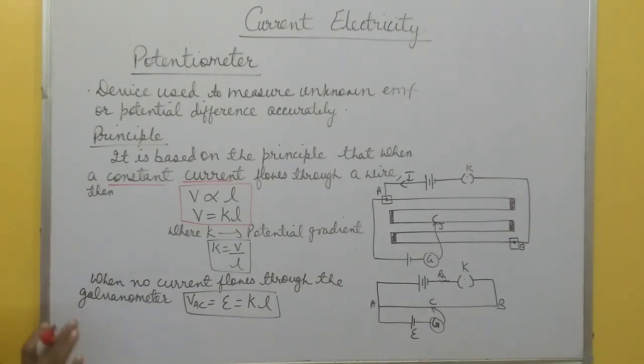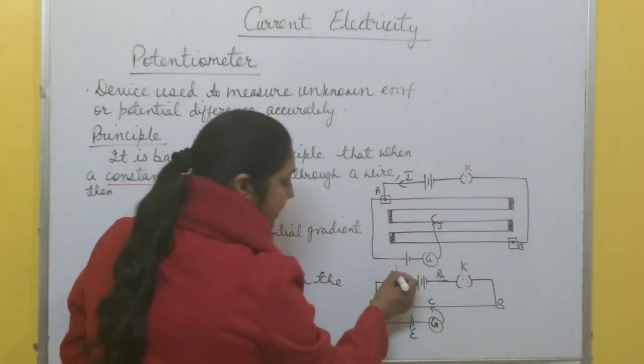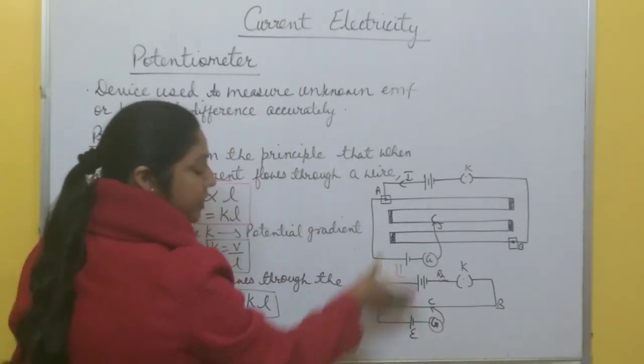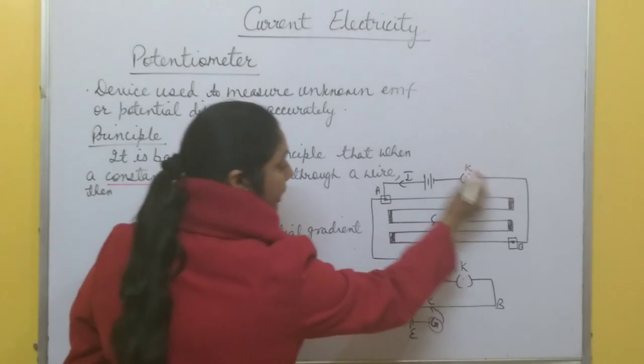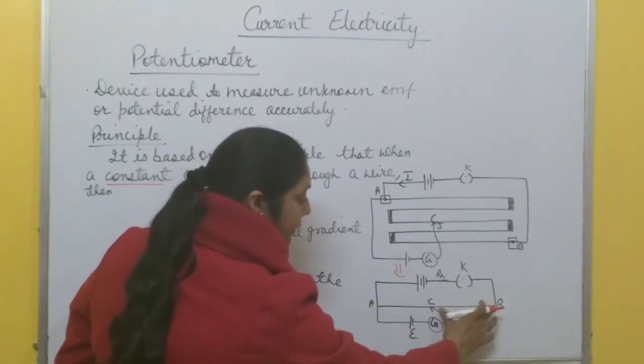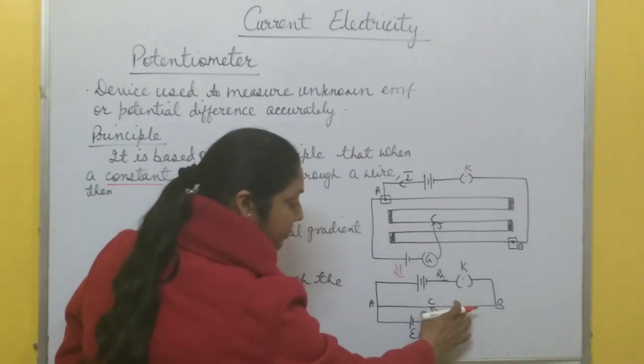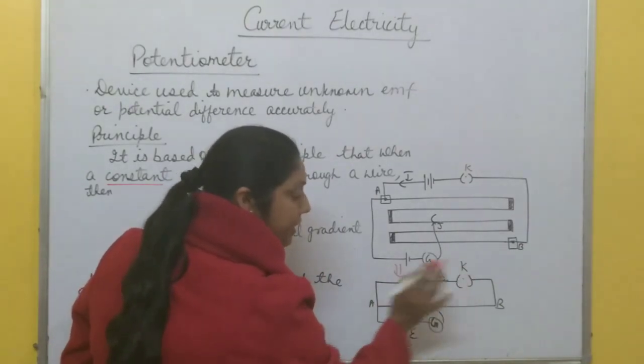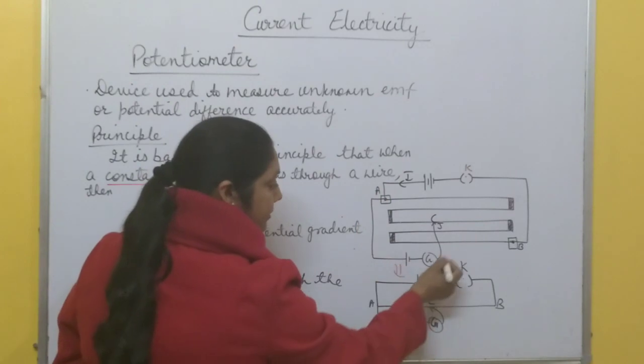And when no current flows through the wire, what happens? This is the simplest form of this instrument, the potentiometer wire. Between A and B, a battery and a key are connected. So A and B is the total length of the potentiometer wire.